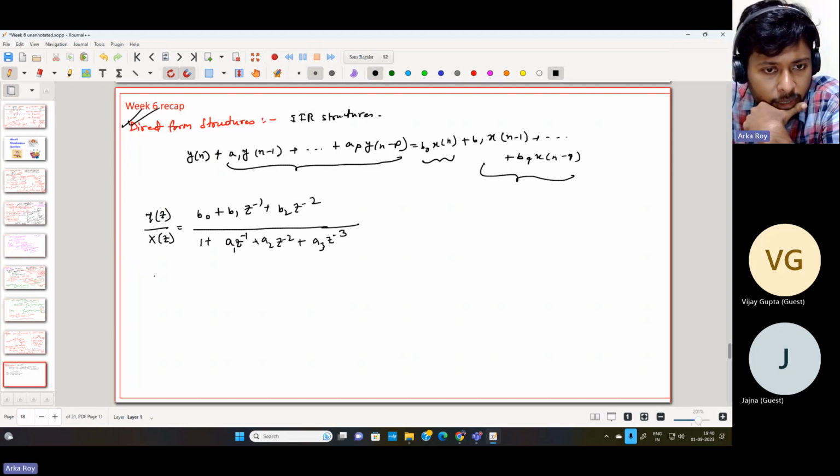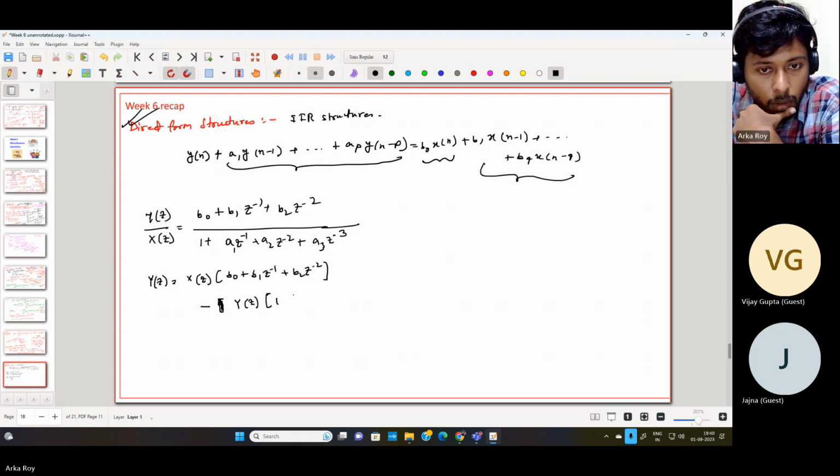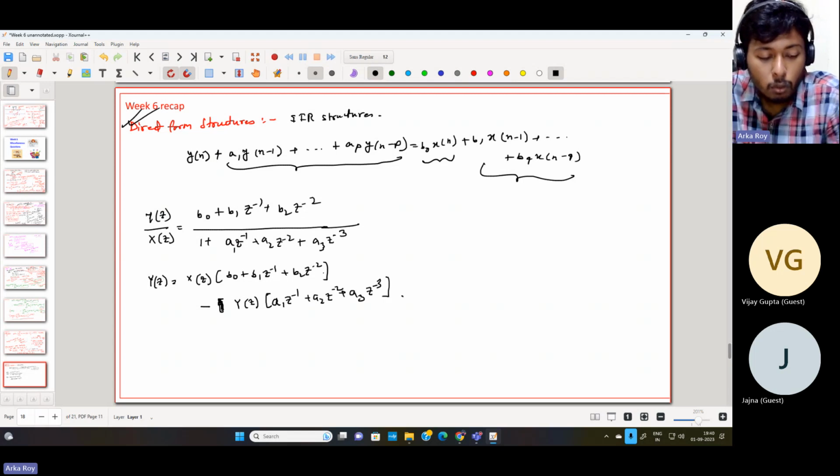So I can write it as Y(z) equals X(z) multiplied by b naught, b1 z inverse, b2 z to the power minus 2, minus Y(z) times a1 z inverse, a2 z to the power minus 2, a3 z to the power minus 3. So this is what it looks like.